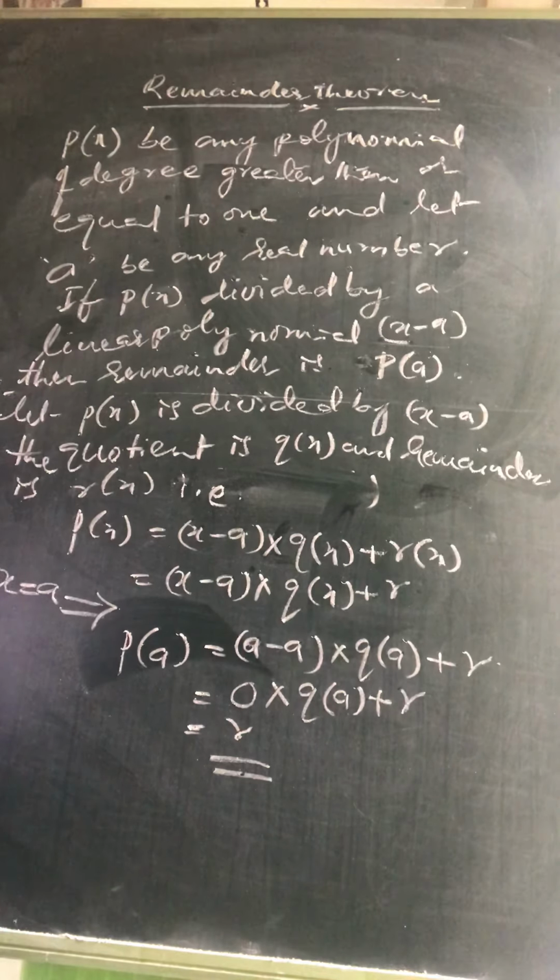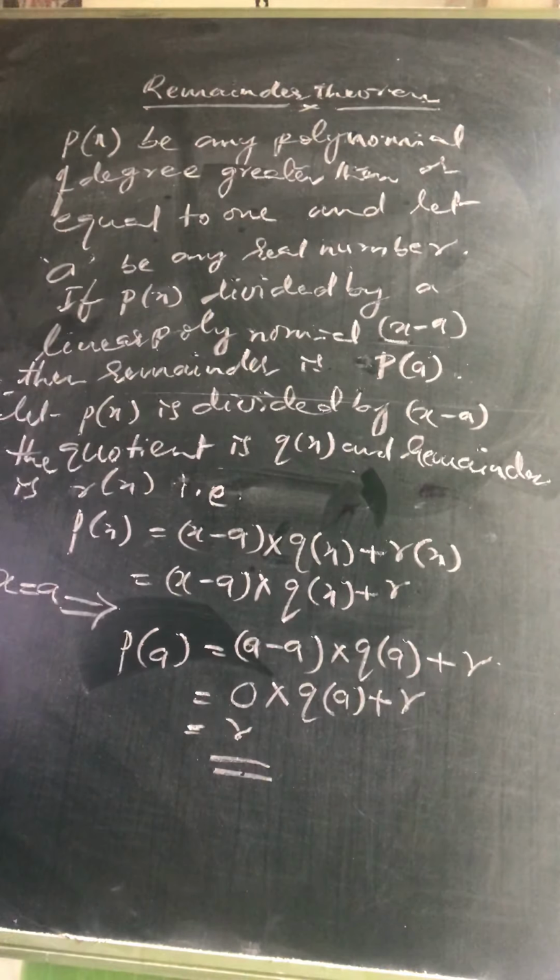Now let P of x be any polynomial which is divided by x minus a, which is a linear polynomial. Then some quotient will be obtained. Let the quotient be q of x, and there will also be some remainder. That remainder we can take as r of x.